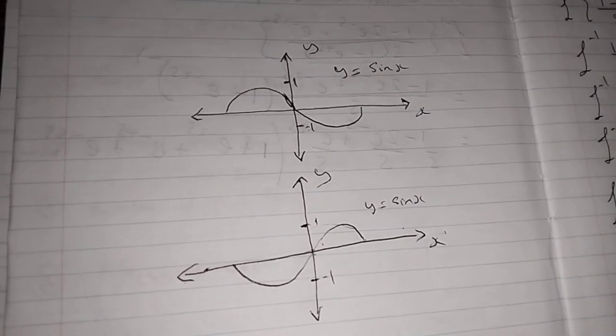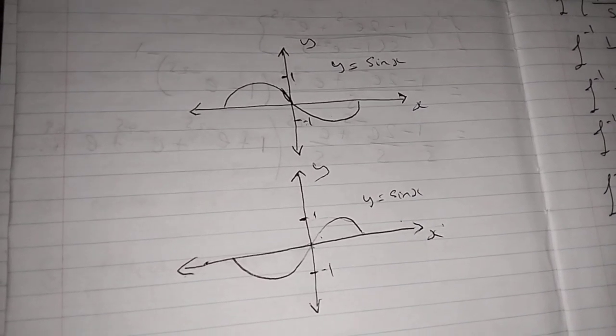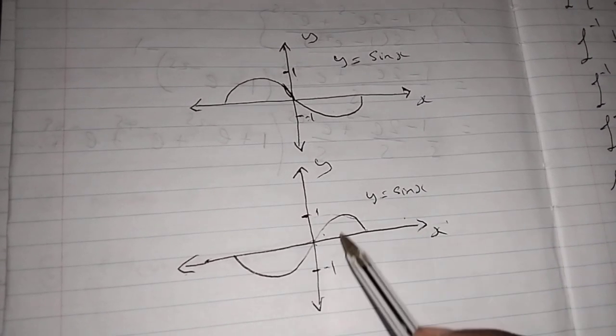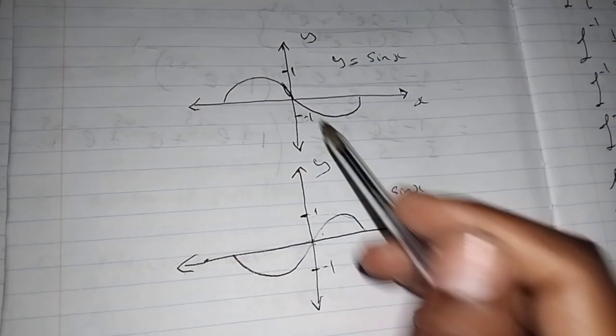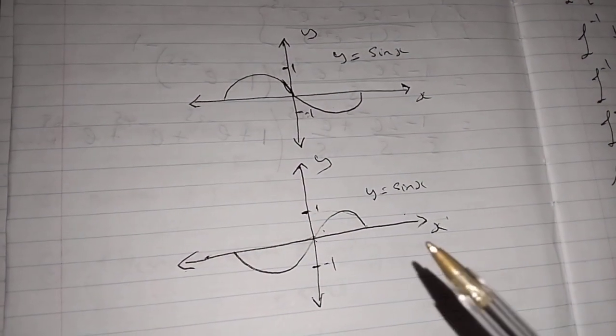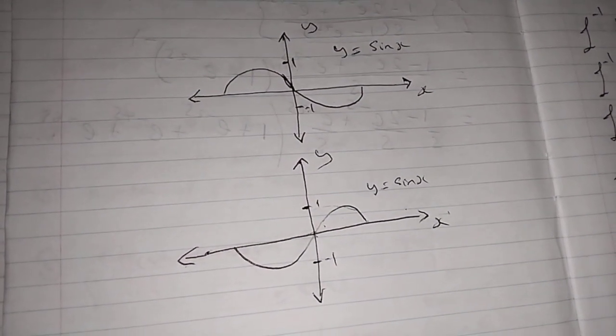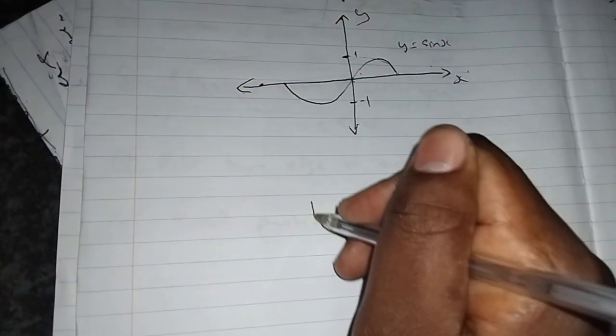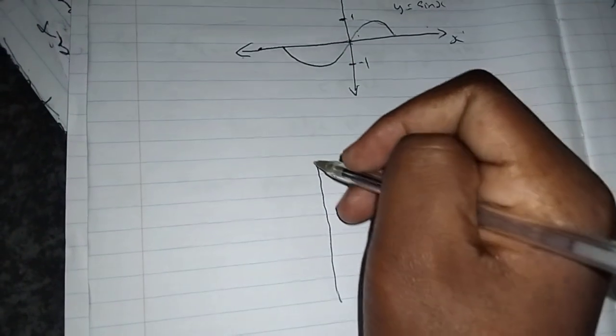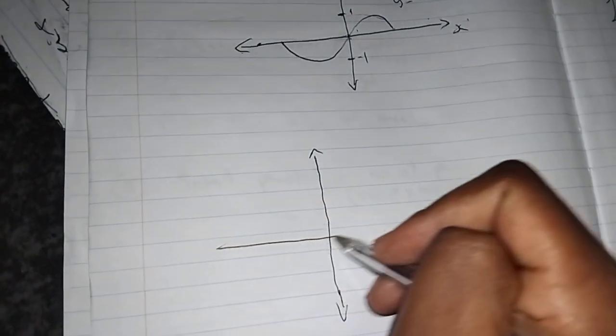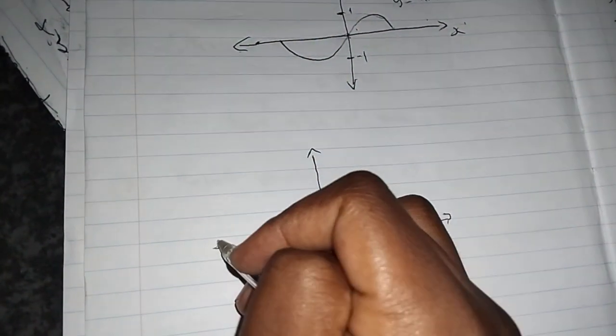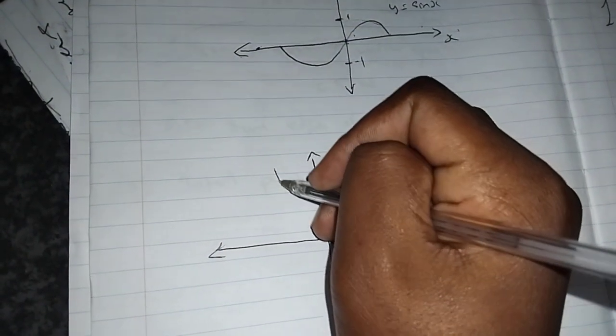And when it comes to Fourier series, you must know that this function is odd, because it's not symmetrical. If it is symmetrical, you will see a parabola graph. Let's say here is 0, and our parabola graph looks like this.